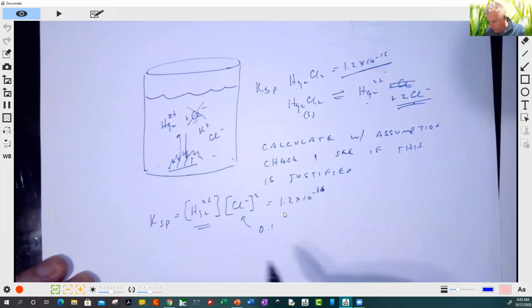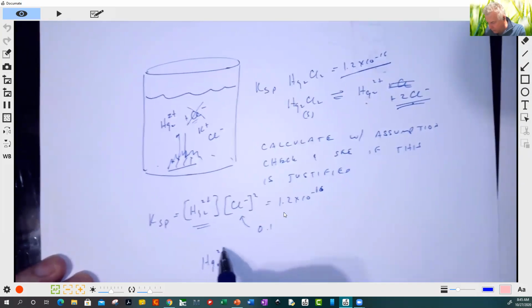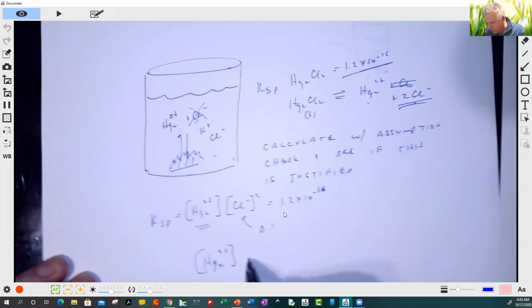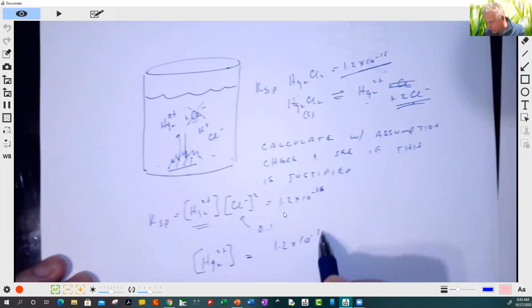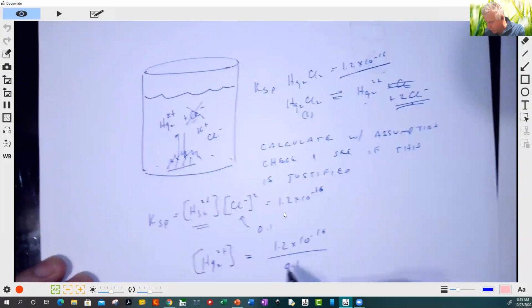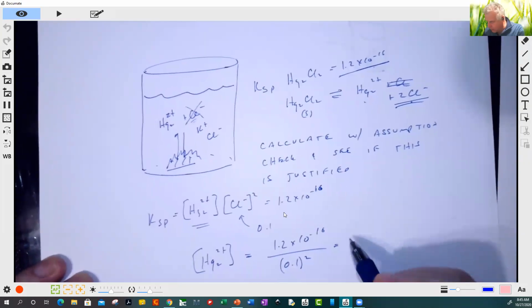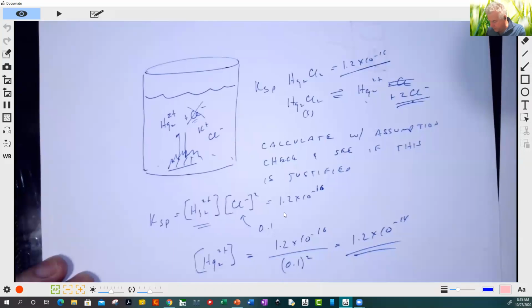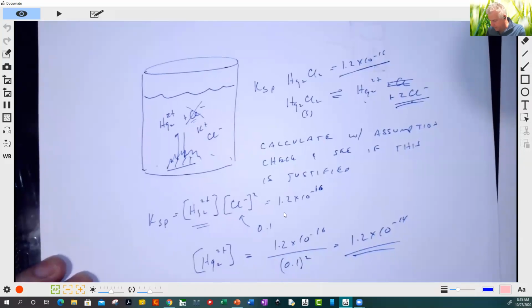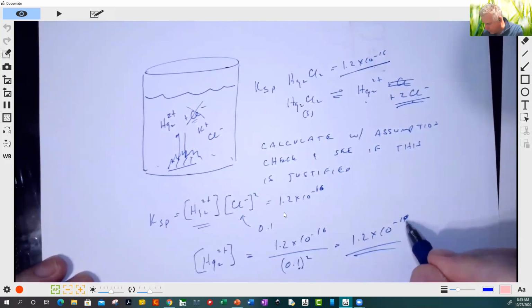We're going to solve for this guy, right? So we're going to have the Hg2 2+ concentration is equal to 1.2 times 10 to the minus 16 over 0.1 squared. This is going to be 1.2 times 10 to the minus 14. I'm sorry, it's going to be 18, right?